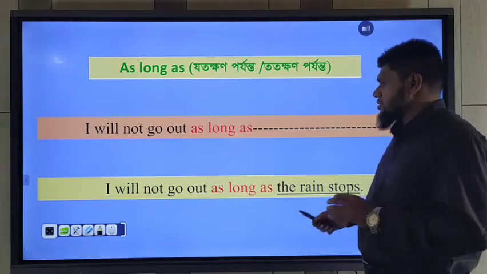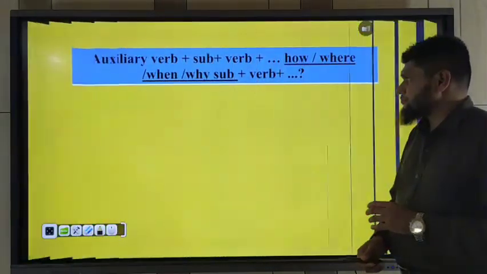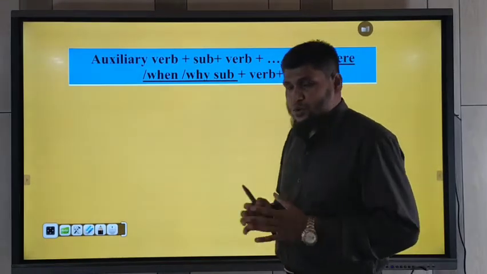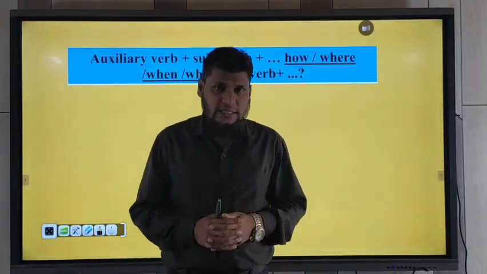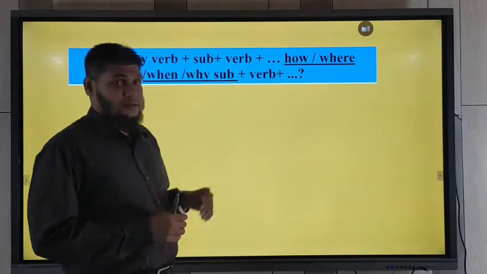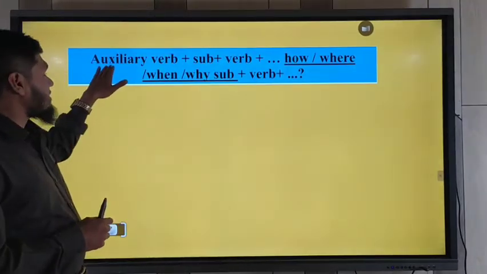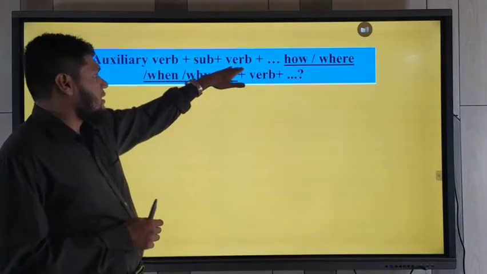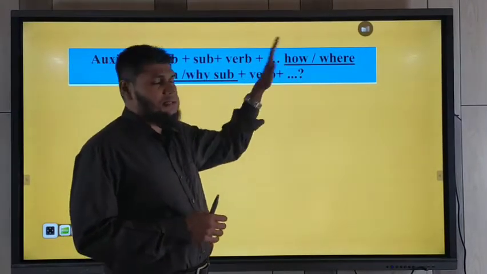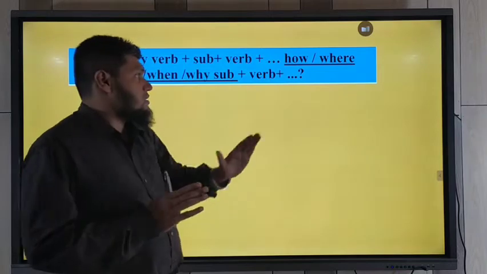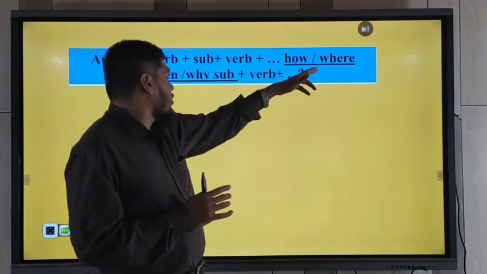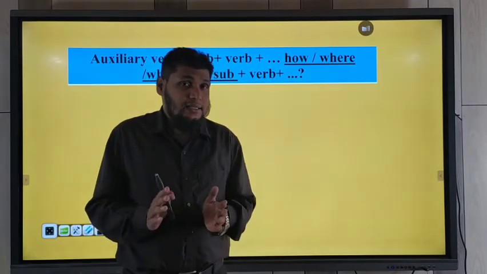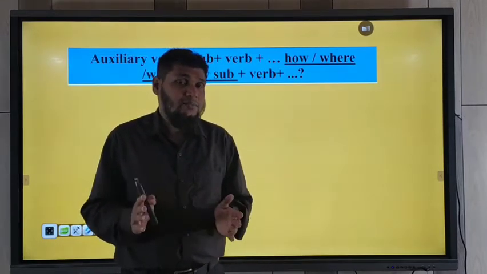Okay? So next example, if there is a question, an interrogative sentence like this pattern, suppose it starts with an auxiliary verb, then subject plus verb, and at that time another clause is connected with how, where, when, why, like these conjunctions or relative pronouns.